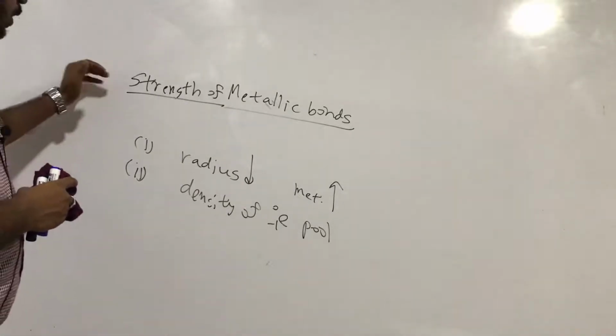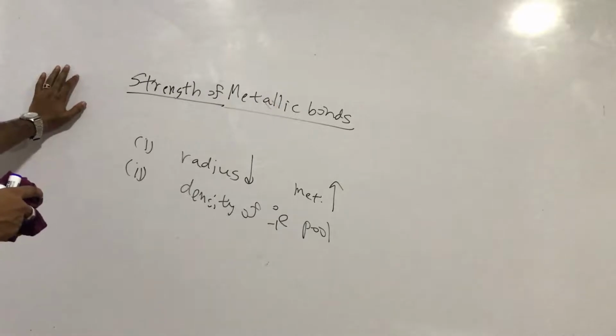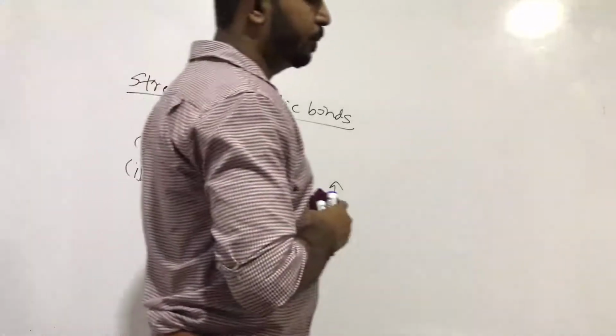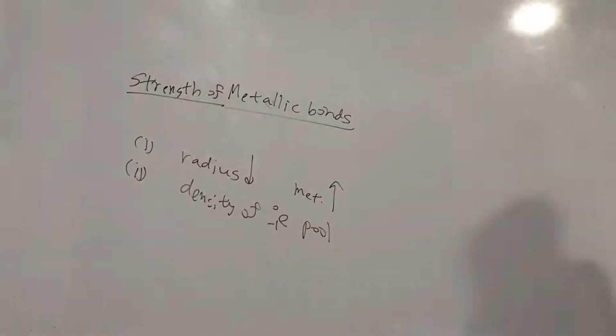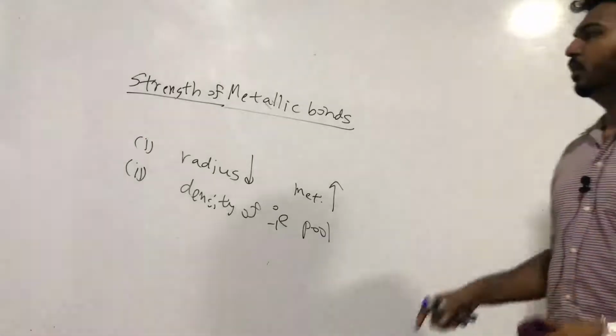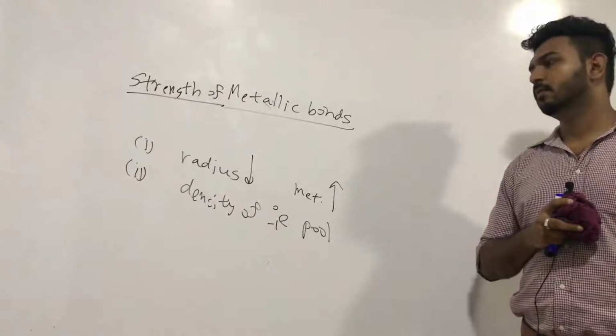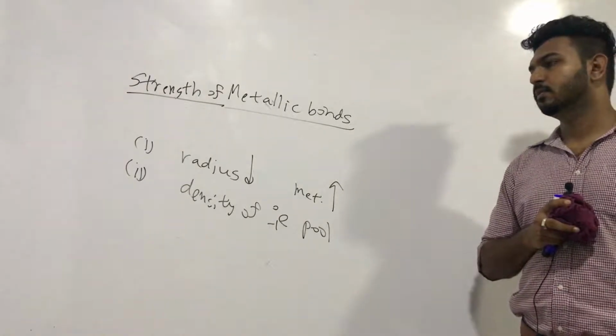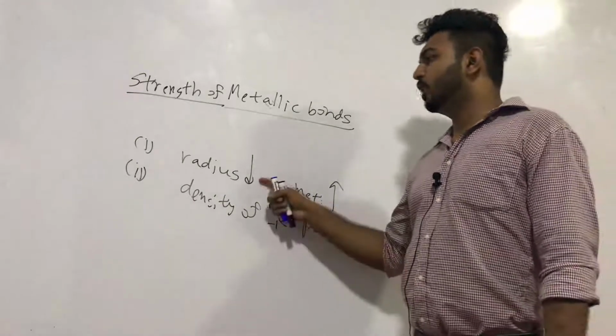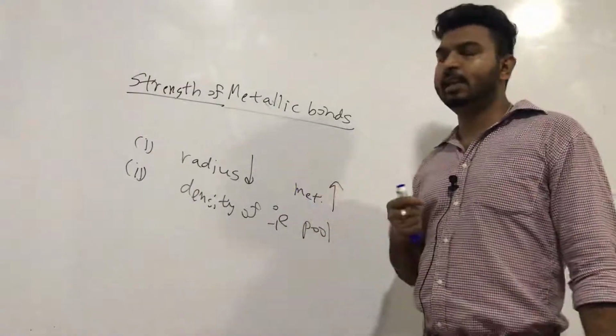Put a topic, strength of metallic bonds. Write the first factor. First one is radius.